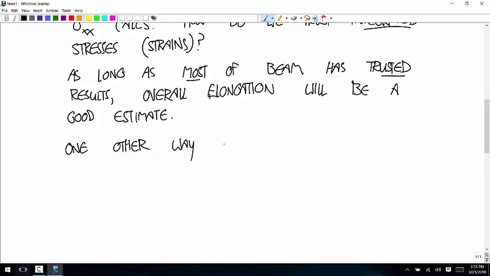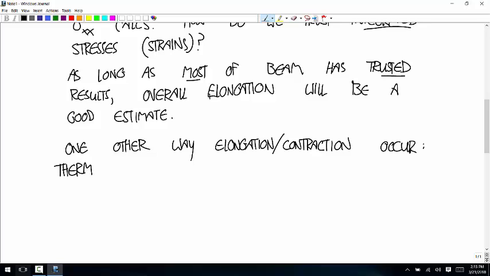So one other way elongation and contraction can happen, and that is thermal expansion. You might have seen this at the end of physics.